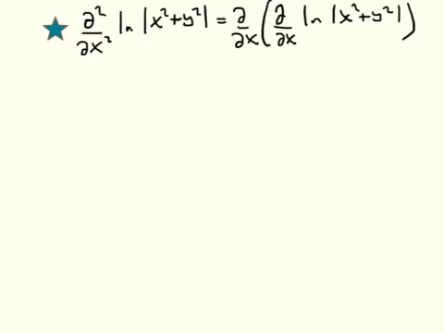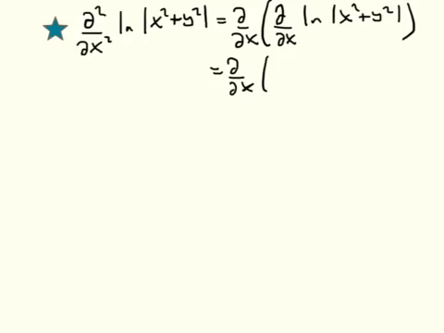So this is going to give us the derivative with respect to x of. Now, the derivative of a logarithm is 1 over the argument of the logarithm, so that's 1 over x squared plus y squared.